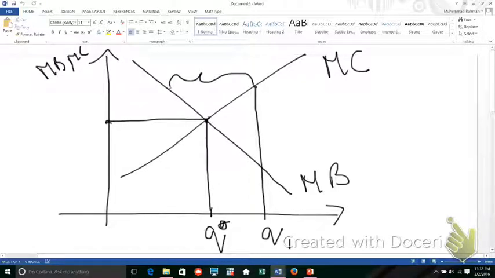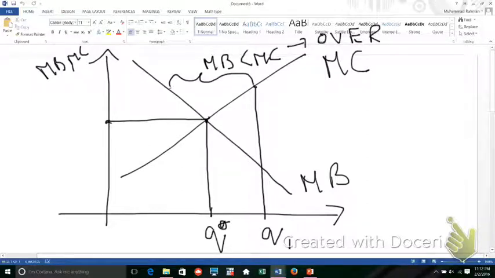So you can see that at Q1 output level, marginal benefit is less than marginal cost, which means that when the society is producing Q1 amount of output, the cost of producing that output is greater than marginal benefit. Whenever the cost of producing something is greater than the benefit of producing that good, this is overproduction.